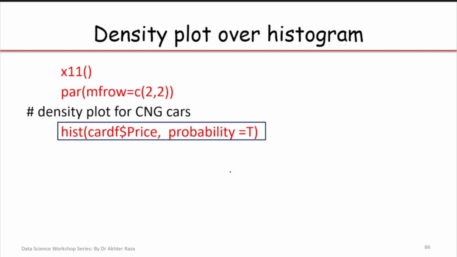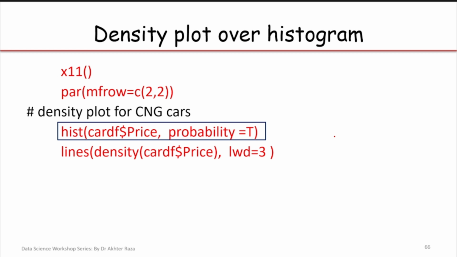This will be the histogram of all car prices. All car prices means what? It is not only for the CNG cars, it is for all cars. Probability equal to true means the density plot, which is the next command, will be generated over this histogram.